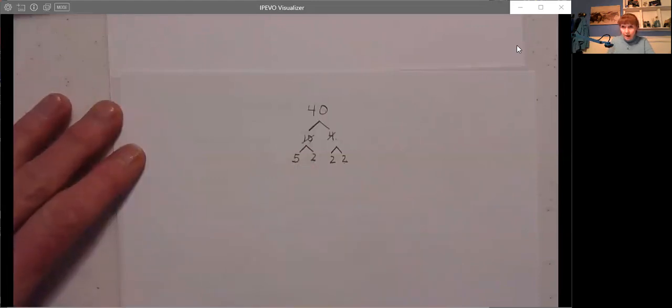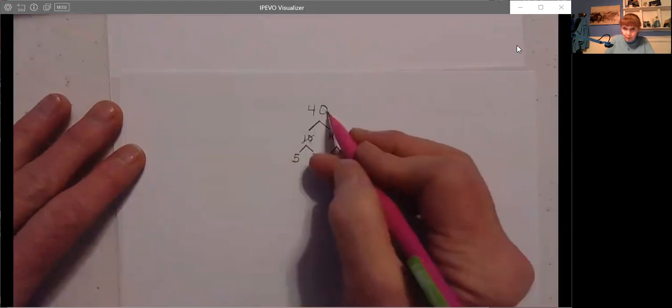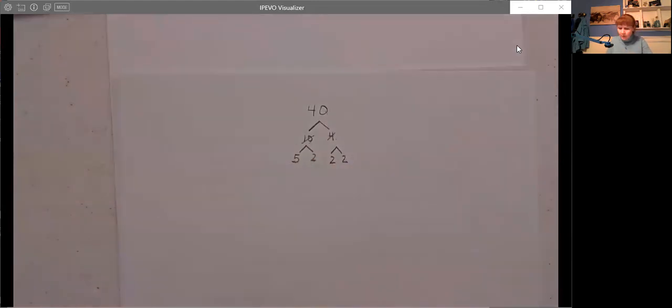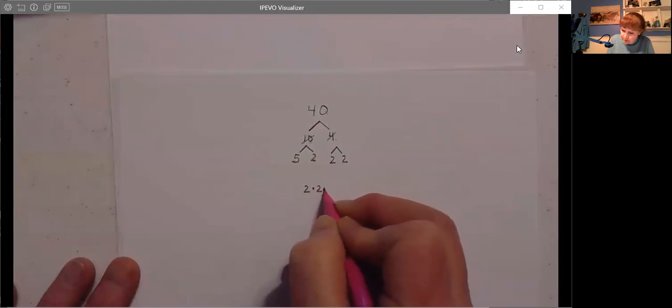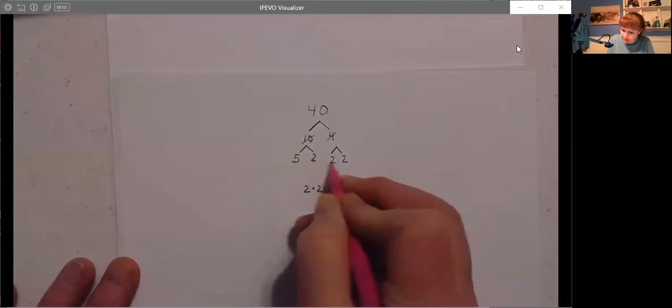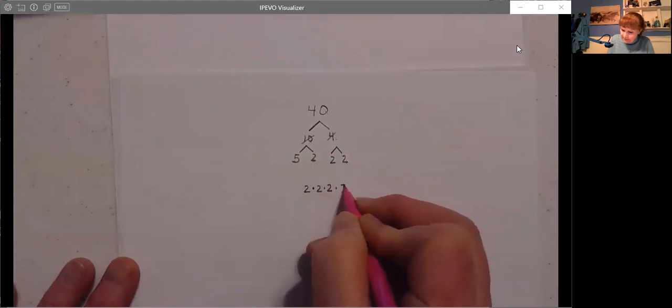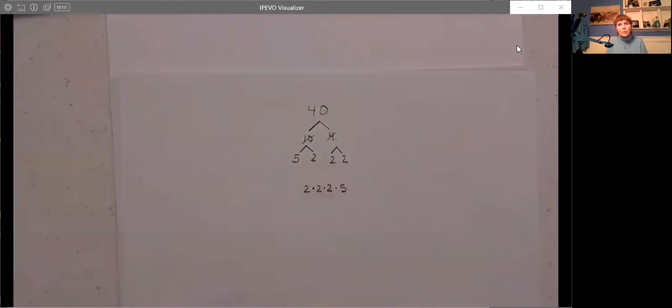So the prime factorization of 40, we're going to write it two different ways, is 2 times 2 times 2, times 5. That's the prime factorization.